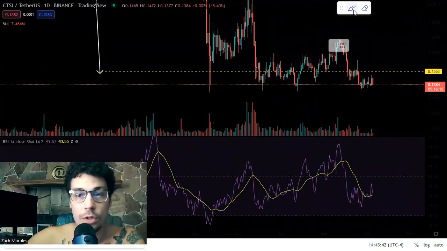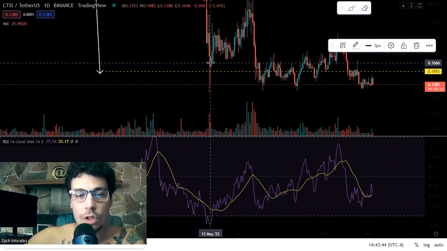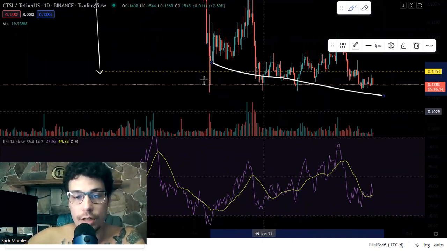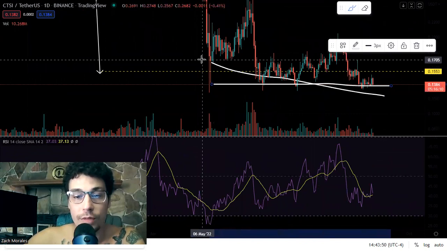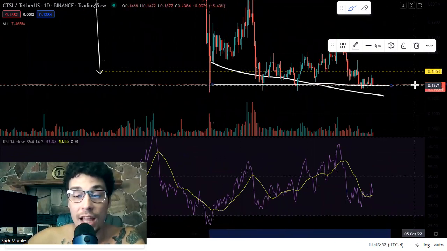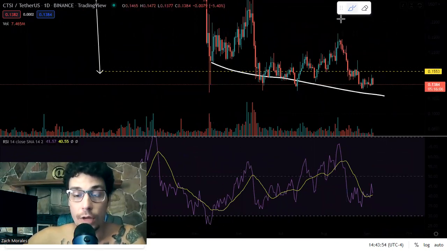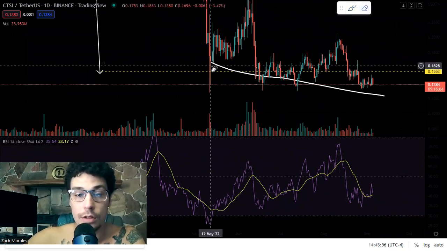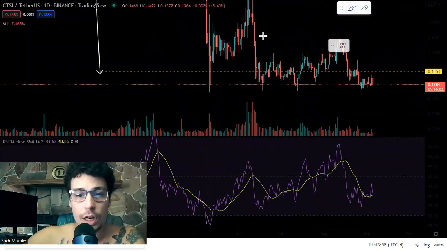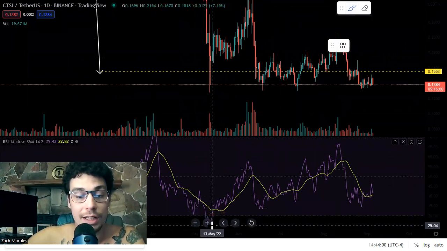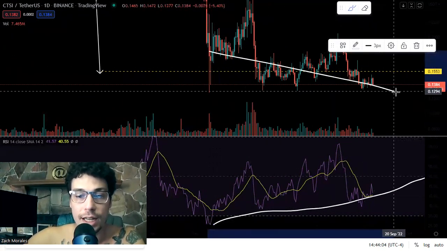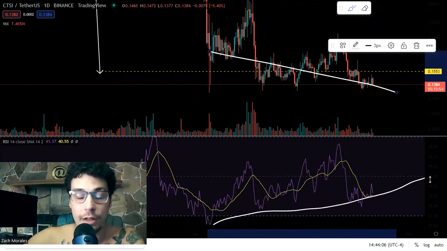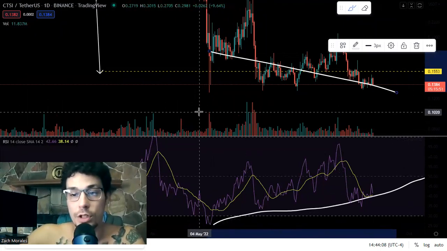Now, I want you to notice how essentially we're in this downtrend, or you could call it flat, right? You can say that we've either been in a downtrend or we've been flatlining here recently, in the past couple months. But if we look at our RSI, the relative strength index is what it stands for, we have a very nice uptrend, right? So we have a downtrend here and an uptrend there. That's what's known as bullish divergence, okay?